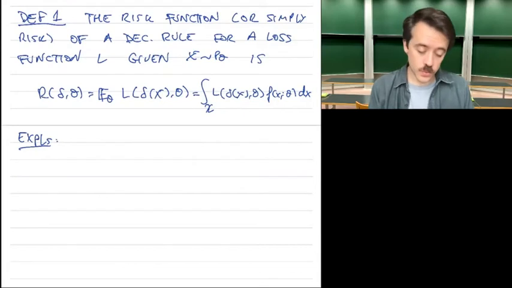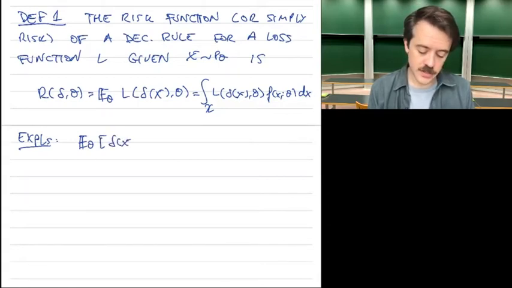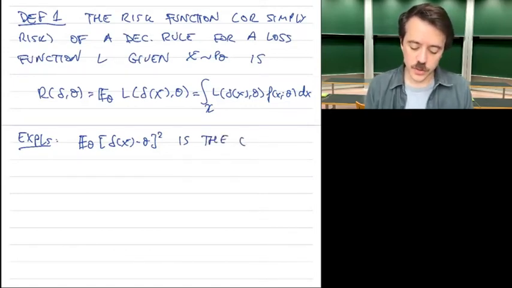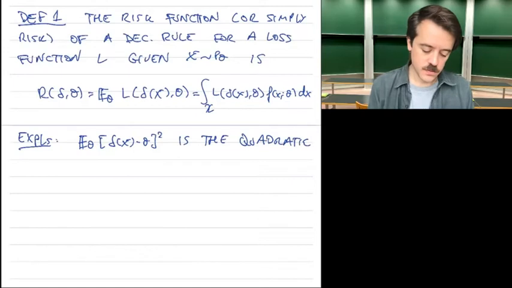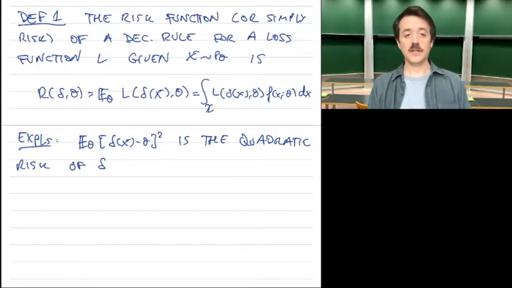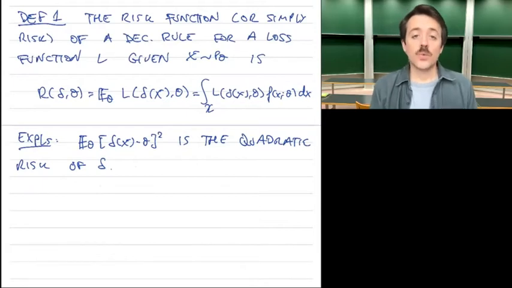Okay, so the expectation under theta of delta x minus theta squared, so this is the squared error, is the so-called quadratic risk, and this is of course of delta. So this is essentially an estimation problem.